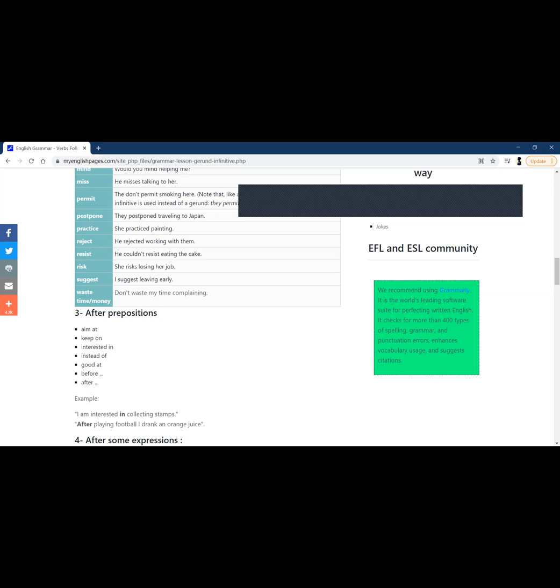I will give you a list of these verbs. The only way to make it correct is to remember them. So for example, the verbs that can be followed by to do.